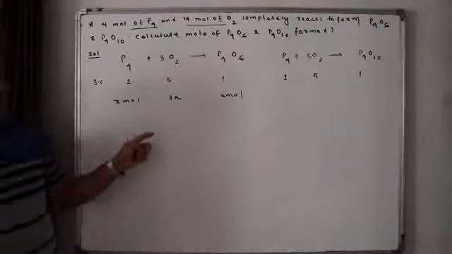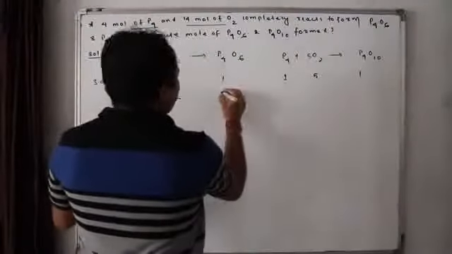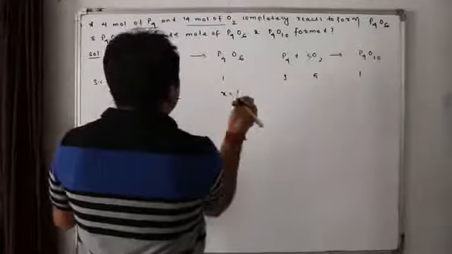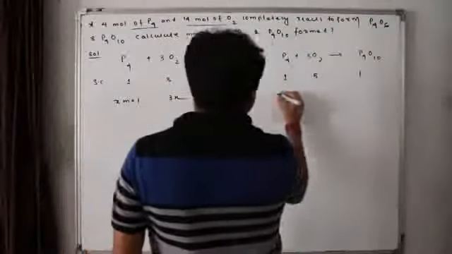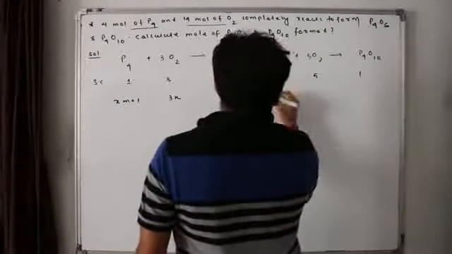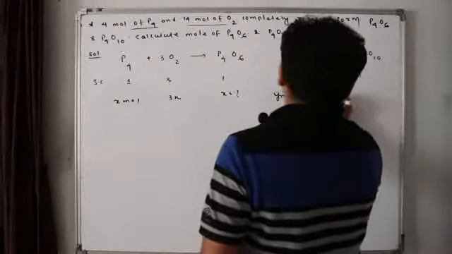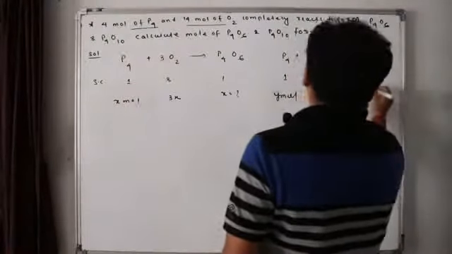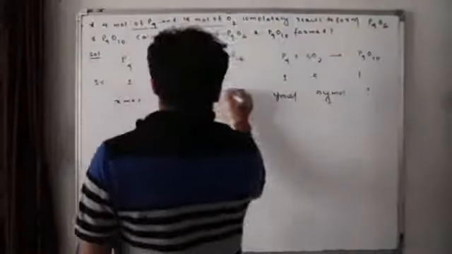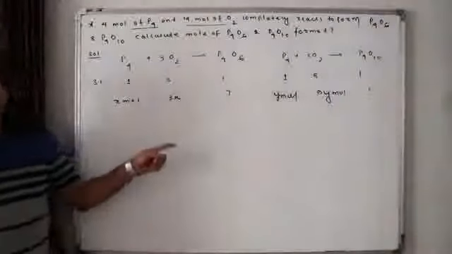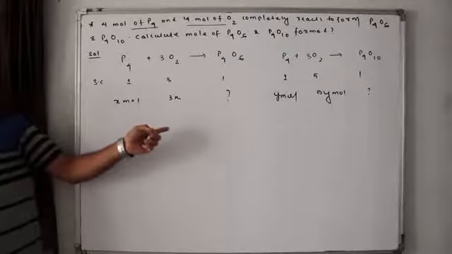Now the question is how much x is formed. Let it be x, we don't know how much. Now here, if it is y mole, then 5y mole is required. How much is this? I don't know. Clear? This is the question, isn't it?